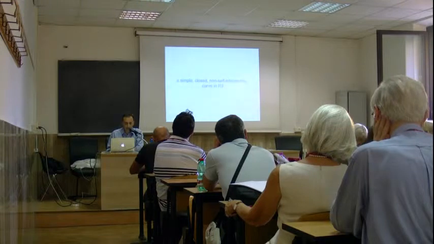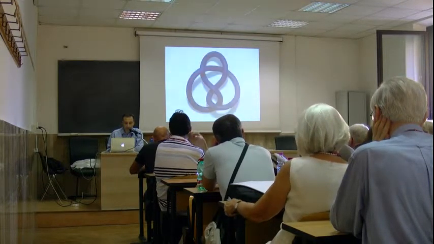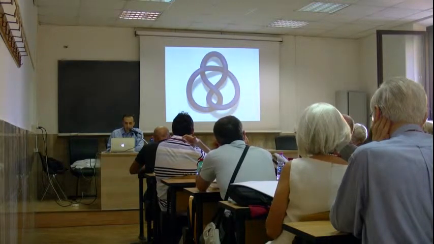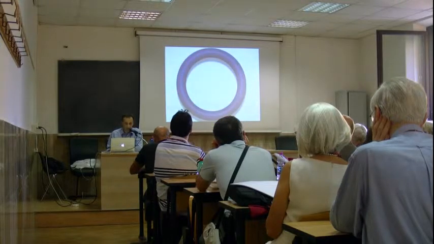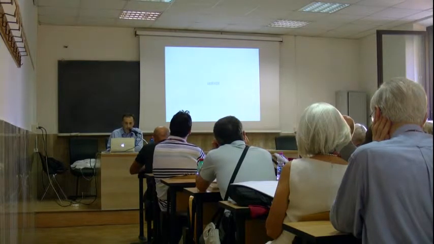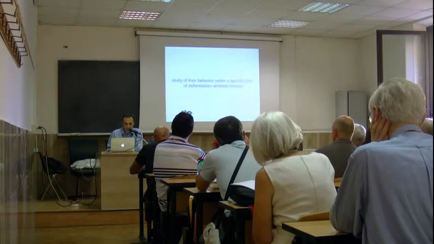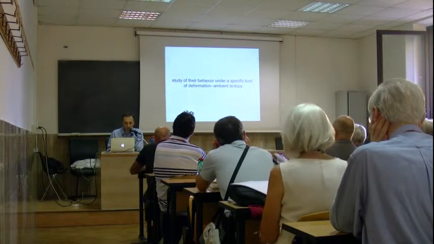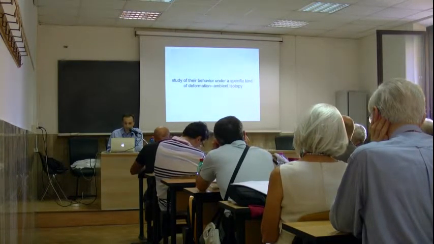A knot is a simple, closed, non-self-intersecting curve in R3, something like this. And you can also count as a knot this one, which is called the unknot. And knot theory is simply the study of the behavior of knots under a specific kind of deformation, in particular ambient isotopy.